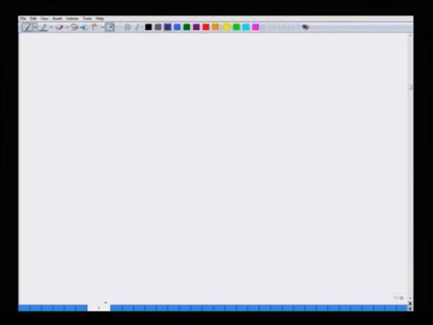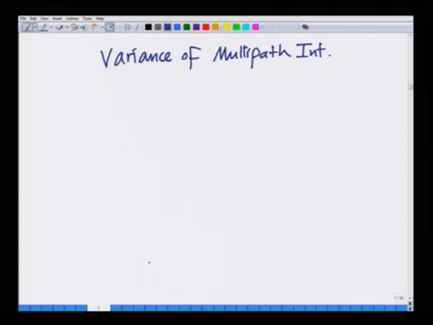Similarly, what is the variance of this multipath interference?